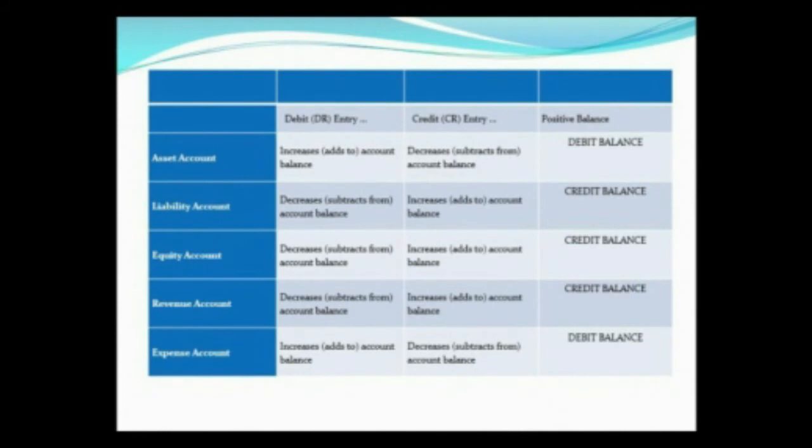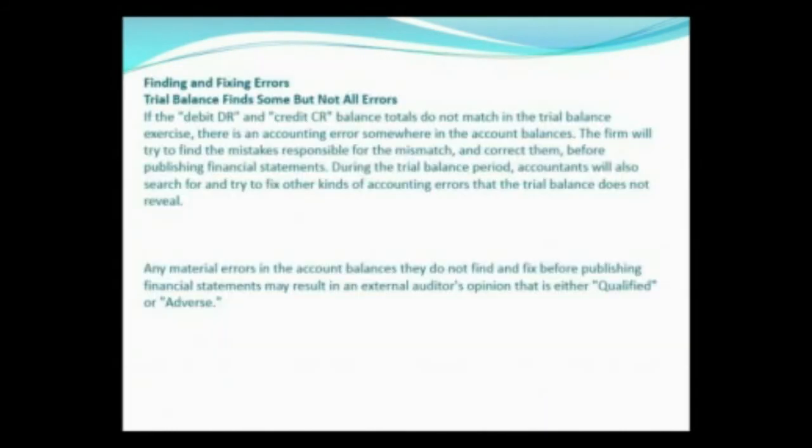Now, finding and fixing errors. The trial balance finds some but not all of the errors, right? If the debit and credit balance totals do not match in the trial balance exercise, there is an accounting error somewhere in the account balances. The firm will try to find the mistakes responsible for the mismatch and correct them before publishing the financial statements.